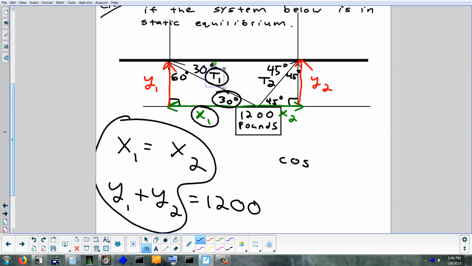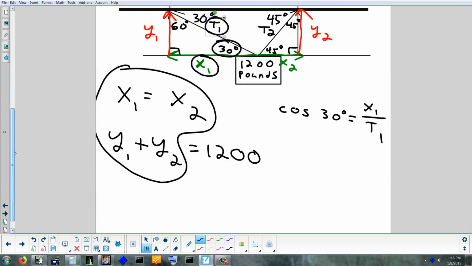So off to the side, I'm going to write down cosine of my angle equals adjacent over hypotenuse. X1 over T1. Now, how would I get X1 by itself?